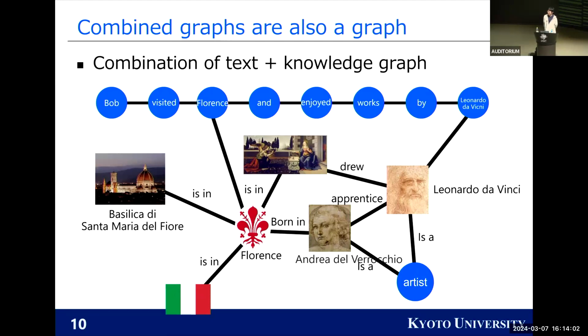And this information is not shown in the text explicitly, and this knowledge, like this picture was drawn by Leonardo da Vinci, is an implicit context of the text.